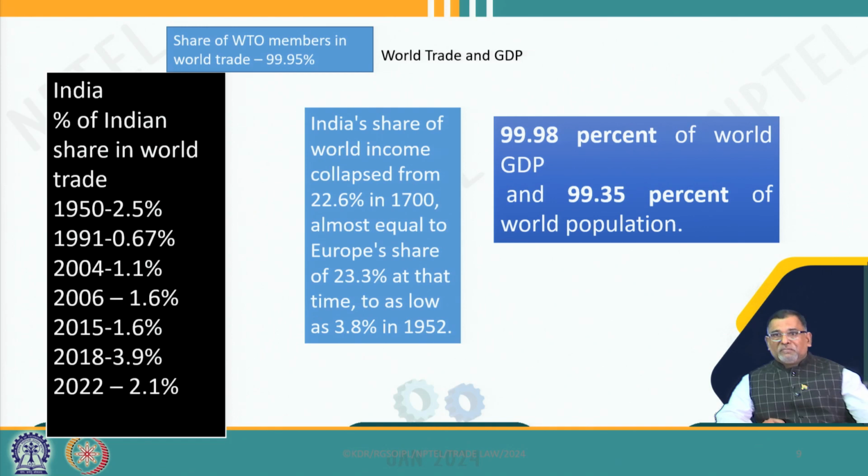India became almost bankrupt in 1991. India, one of the richest countries in the world once upon a time, which contributed almost 25% of world trade and world income, had dropped down. It became a bankrupt country in 1991, and we had no money to pay the outside debt at that point of time.